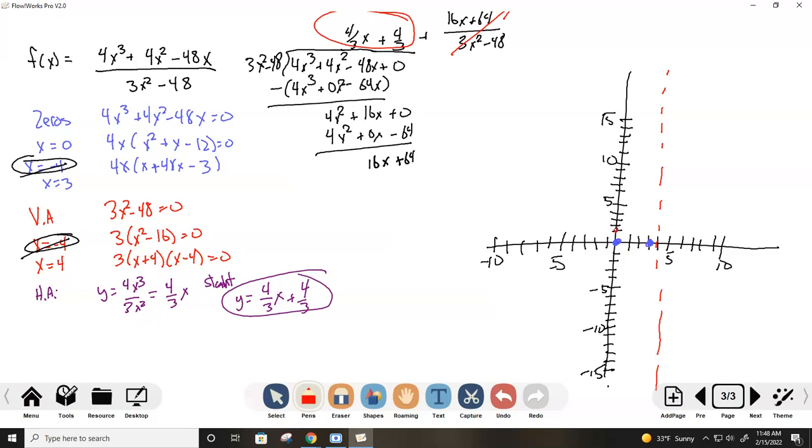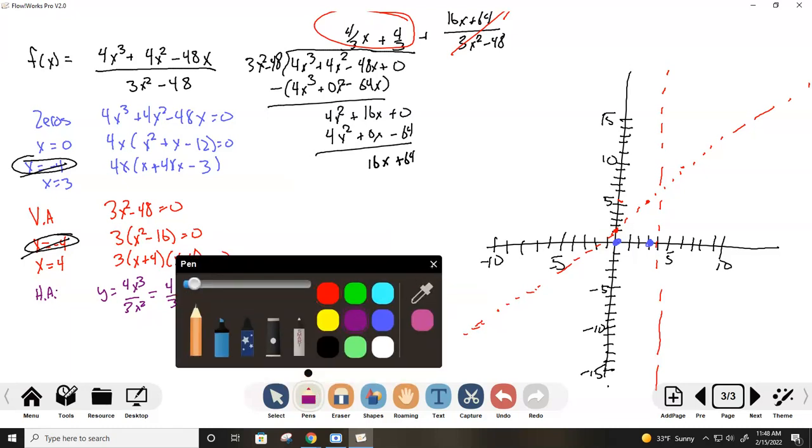So I come about here. I'm going to go up 4 over 3, up 4 over 3. My slant asymptote is going to look kind of like this, and it's going to be in between these.